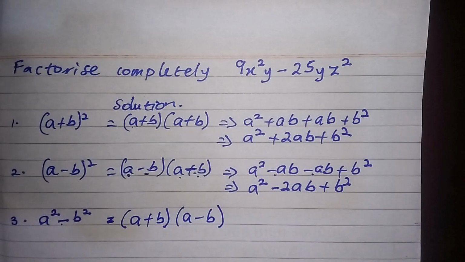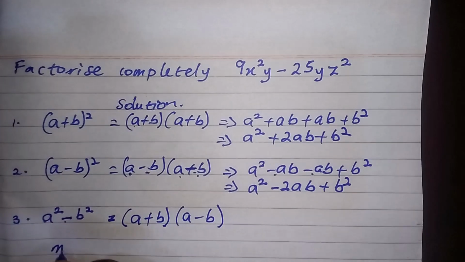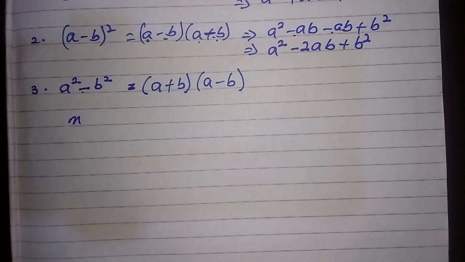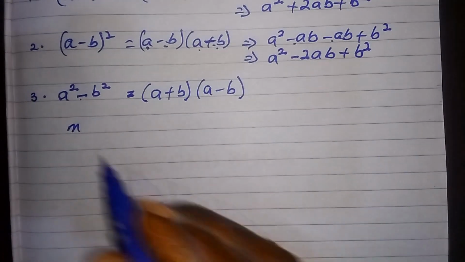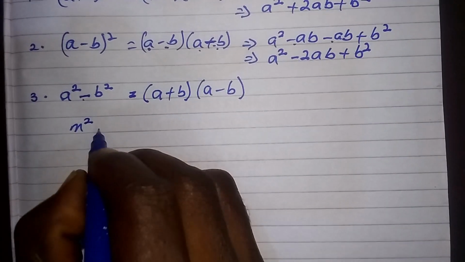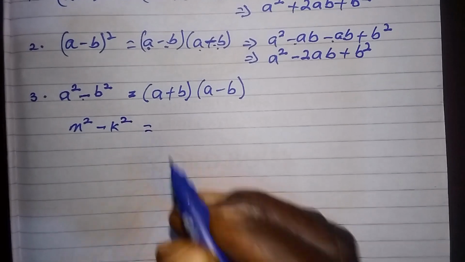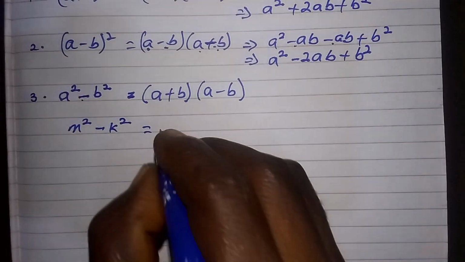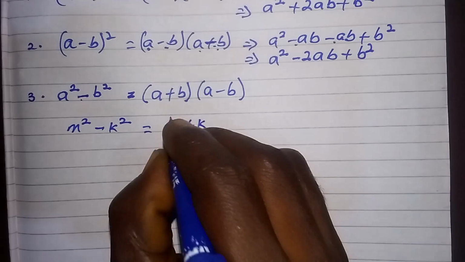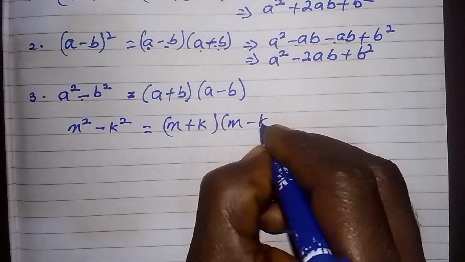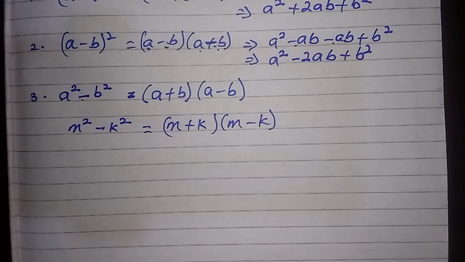So whenever we see a squared minus b squared, the only thing we have to write is one bracket is addition, one is subtraction. Bear in mind that a and b are variables, so we can use any letter. When you see m squared minus k squared, it is still difference of two squares, which is m plus k, m minus k. Let's take note of this.